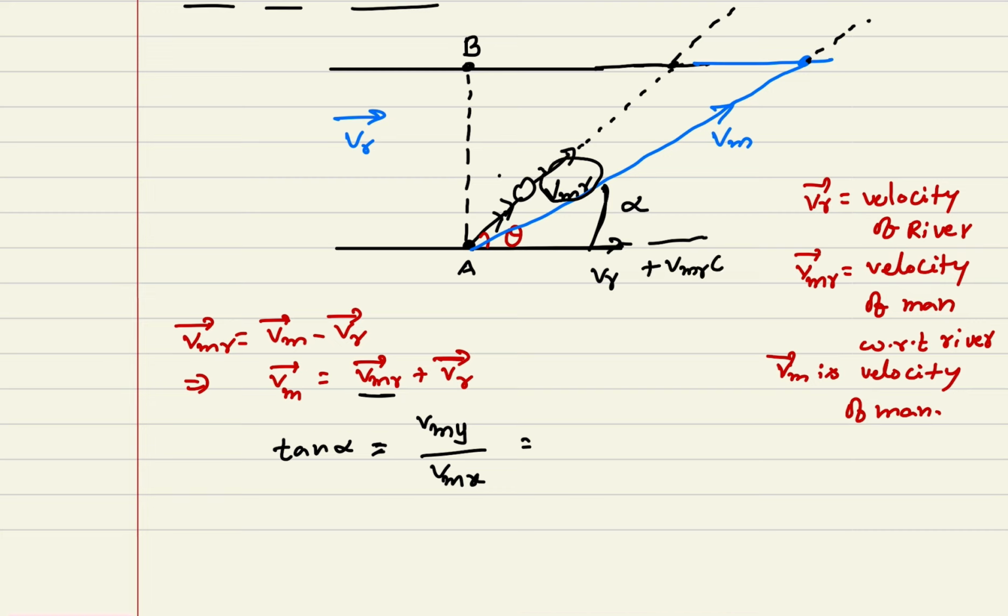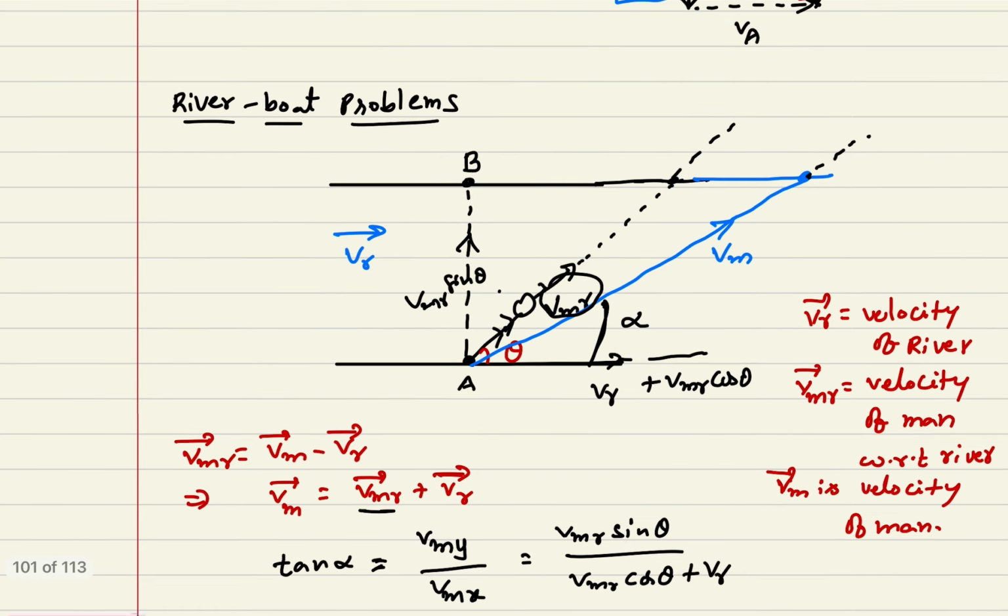You can see VMR is in this direction. You can make the components: VMR cos theta along the x-axis and VMR sin theta along the y-axis. So tan alpha equals VMR sin theta divided by VMR cos theta plus VR.